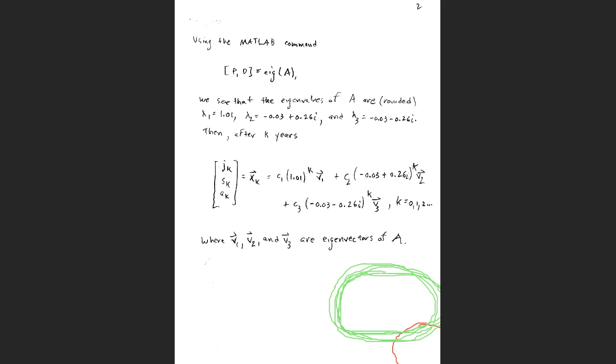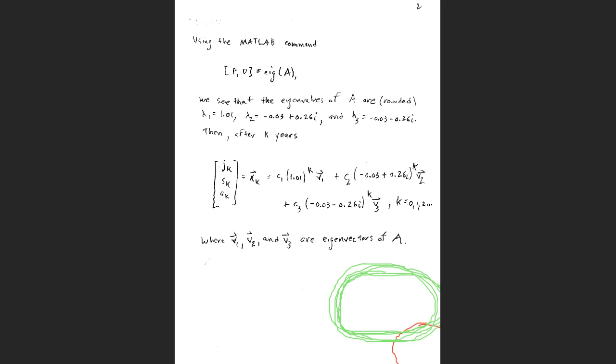And that's good, because we can't have complex numbers of juvenile, subadult, and adult owls, right? The second and third terms disappear as k gets large.